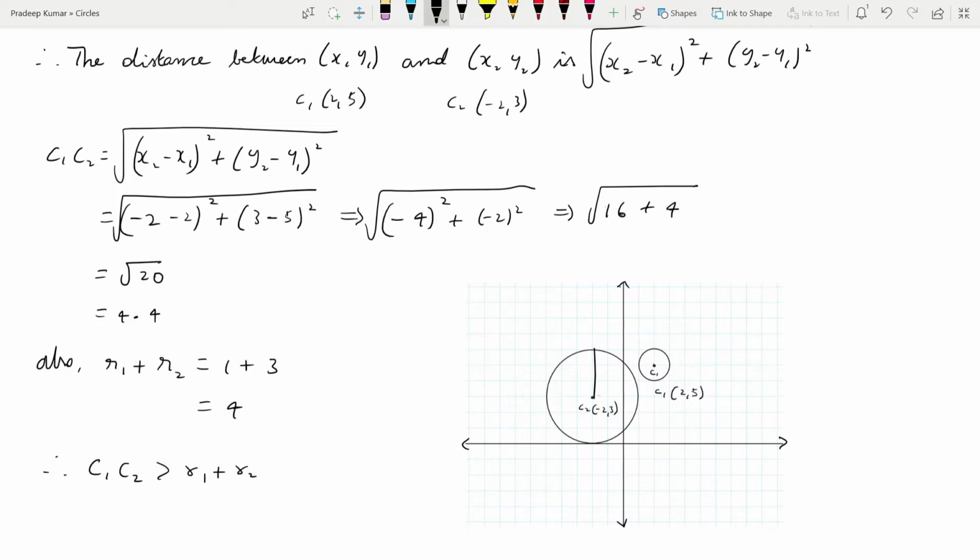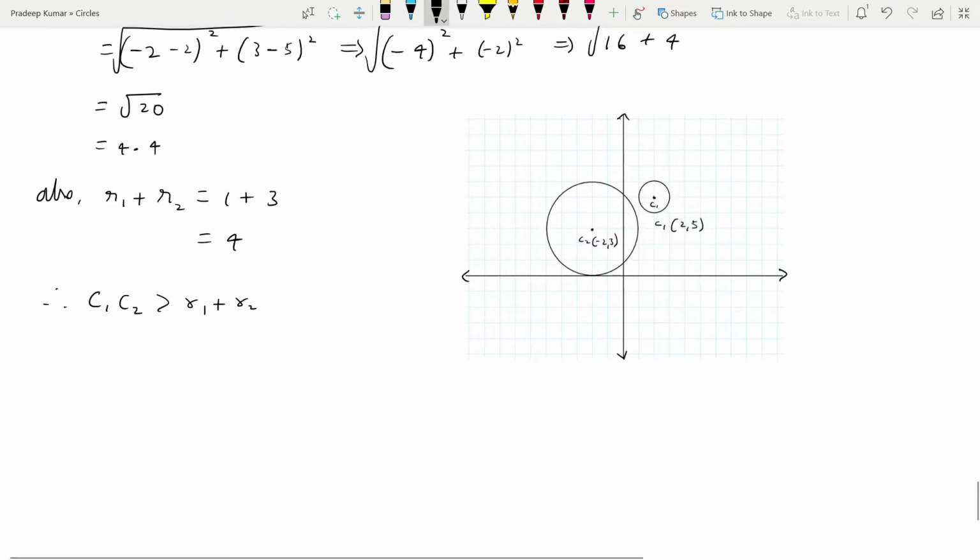The radius of the second circle is 3 and the radius of the first circle is only 1, but the distance between the centers is 4.4, which is bigger than the sum of these radii. So we can easily understand that both circles are not touching at all. There is a gap between one and the other circle. So we'll write that both circles are not meeting each other.